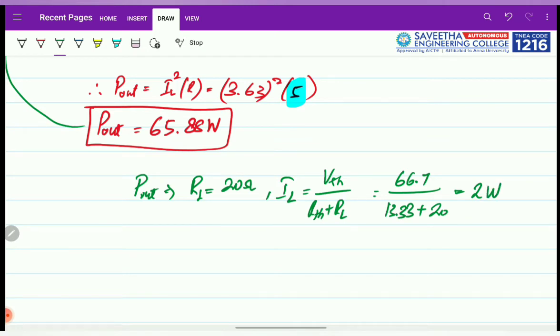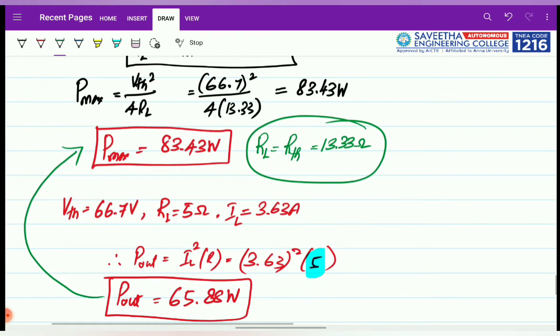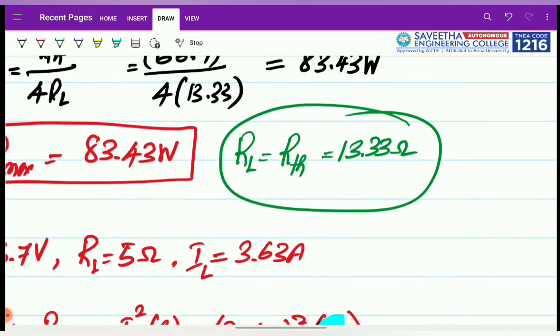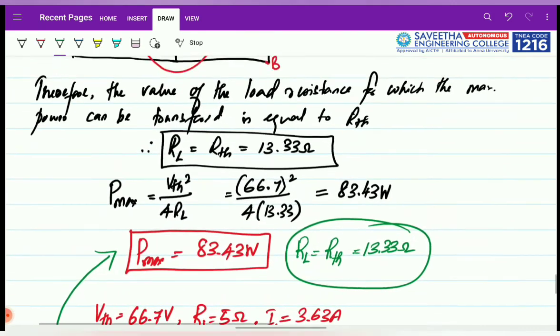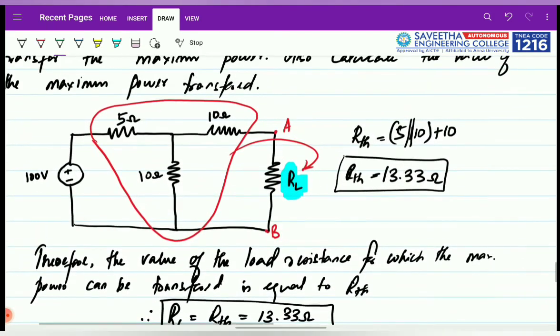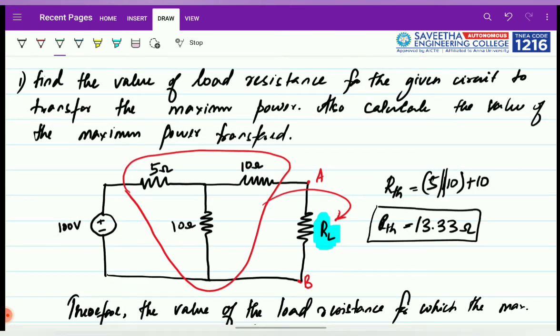So the power which is transferred will depend on this; you need to have an exact value of RTH, only then can the maximum power be transferred. So this is how the maximum power transfer theorem can be inferred. In order to find the maximum power transfer, you need to follow the same procedure as the Thevenin theorem.